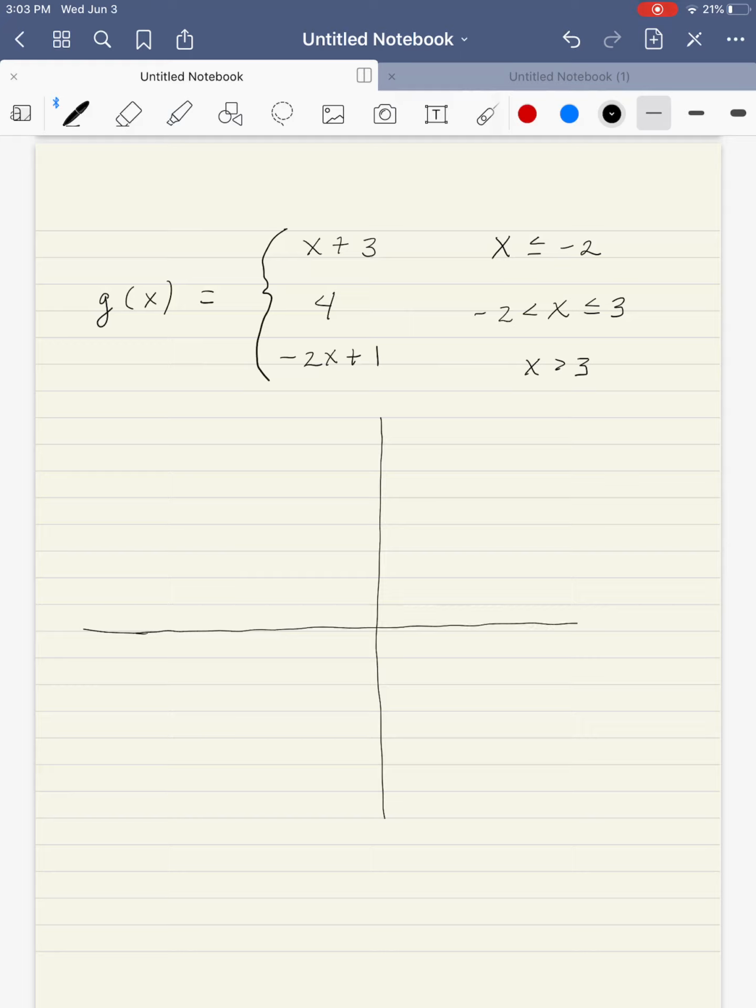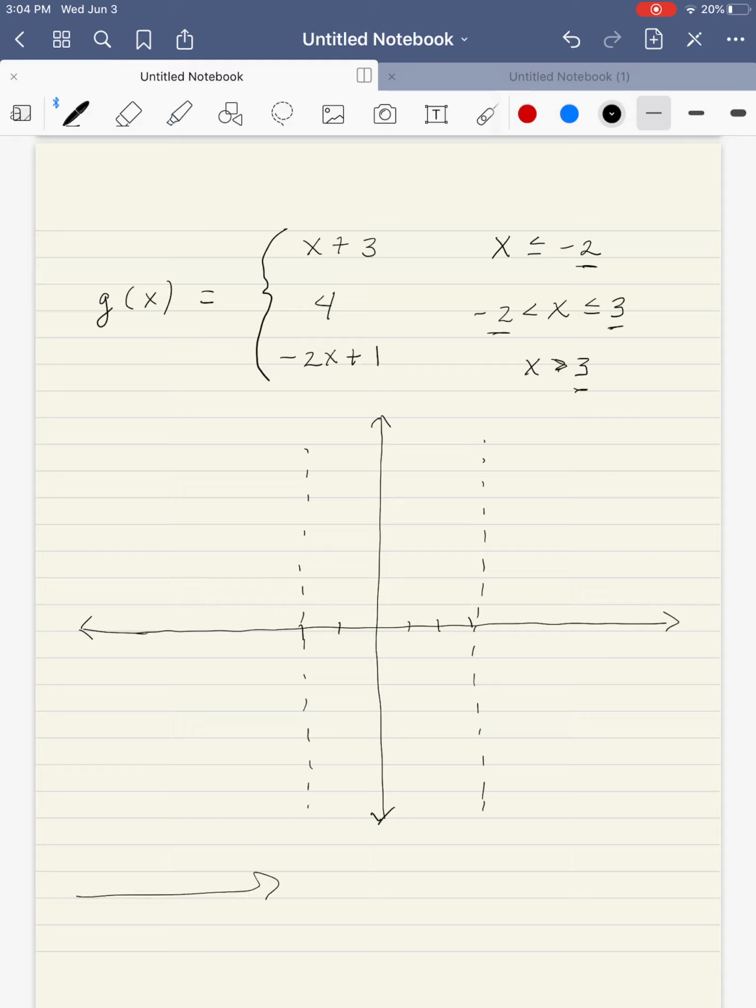So when I draw my graph here, I'm going to have 3 completely different things happening. And my changes are going to occur when x is 3, right here, and when x is negative 2, right here. So in each portion of the graph, I will have a completely different looking graph.